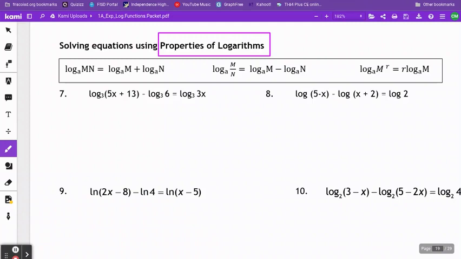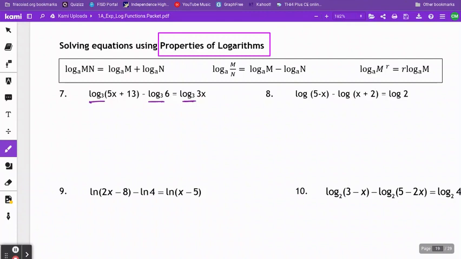So notice that in number 7 here, we've got more than one log on the same side of the equal sign. I've got 2 logs on the left side and just one of them over on the right side. So this is different. It doesn't fit under the one-to-one property because I don't have one log equal to another.